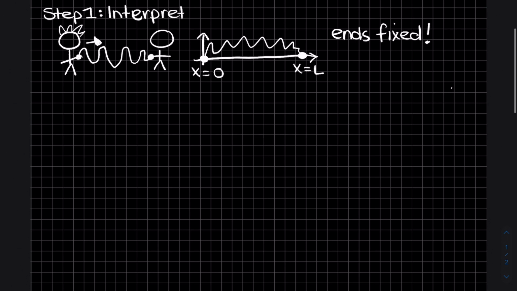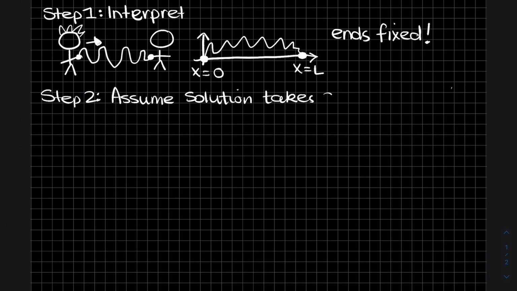Right, so step 2. Assume the solution takes the form of u(x,t) equals X(x) T(t).